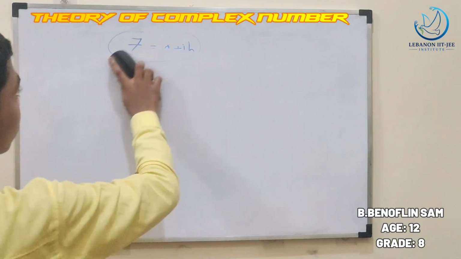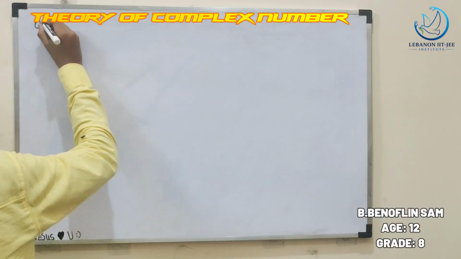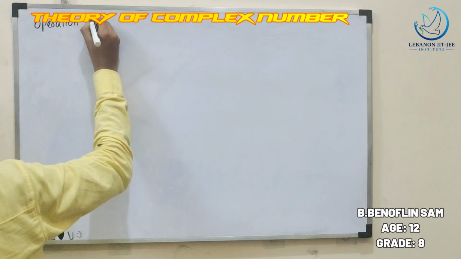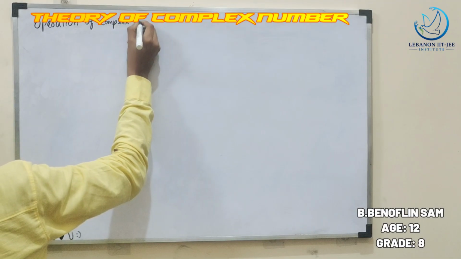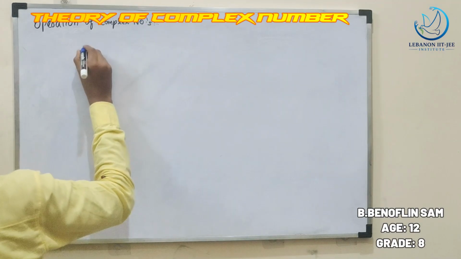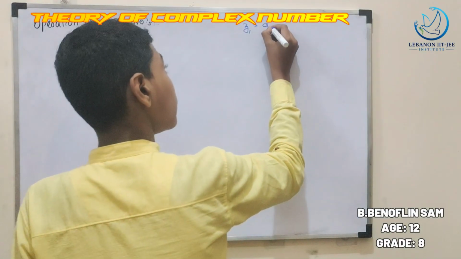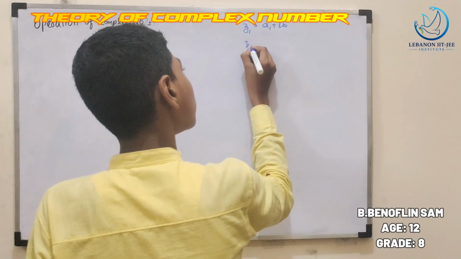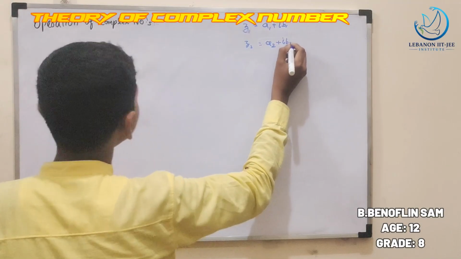The next one is operations of complex numbers. Take z1 is equal to a1 plus iota b1, and z2 is equal to a2 plus iota b2.